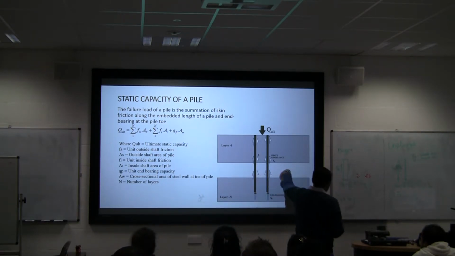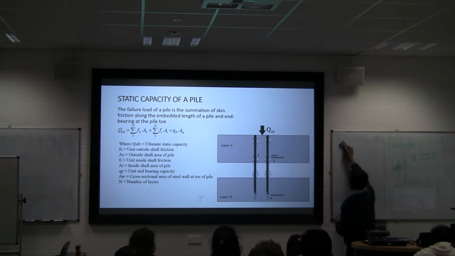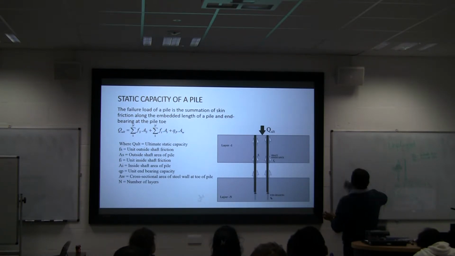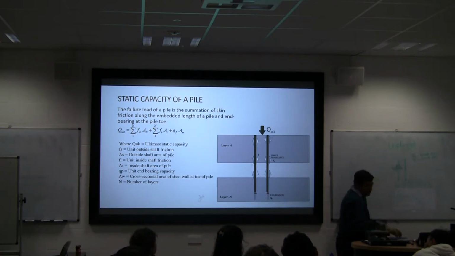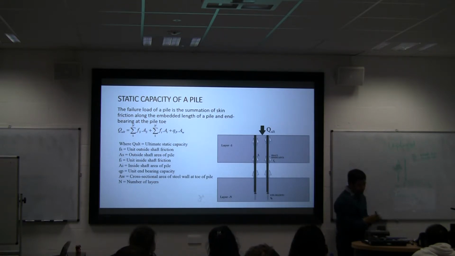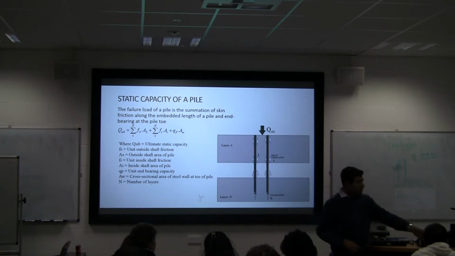Now let us look back at the skin friction part. In skin friction, it is quite simple theory. So say for example, I've got a book, can I borrow a book here?